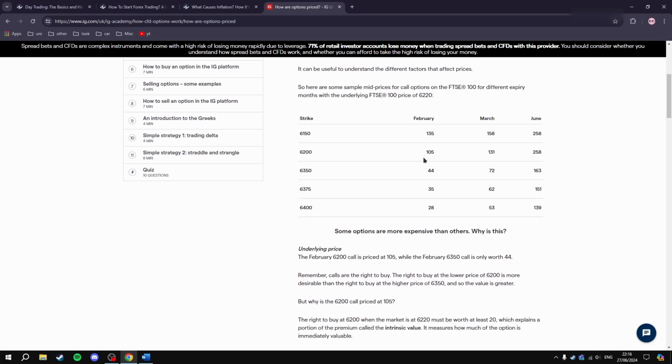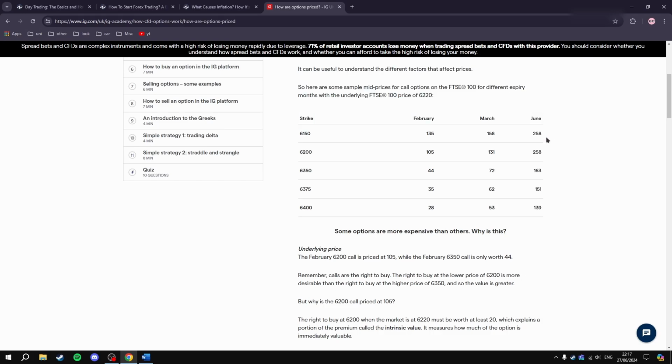So here are some sample mid prices for call options on the FTSE 100 for different expiry months, with the underlying FTSE 100 price of 6220. So a strike price of 6150. I don't really know what this means, to be honest. 6150, February, March, June. So what is the 1 through 5?